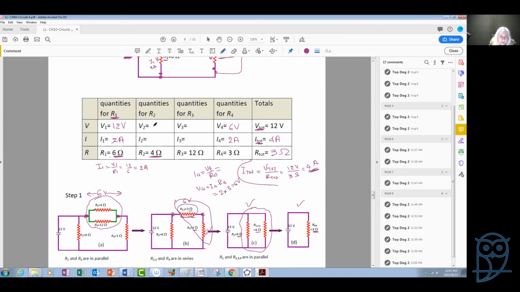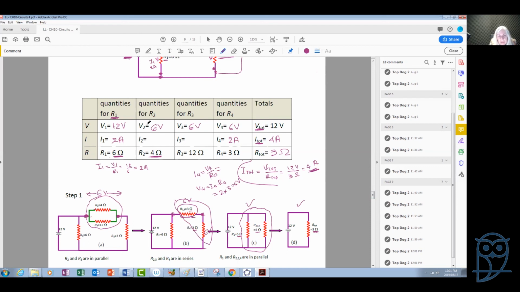The voltage across R2 is 6 volts, and also the voltage across R3 is 6 volts, because they are in parallel and the voltage across their ends is the same. And now you can see that we can find the currents in these resistors R2 and R3.